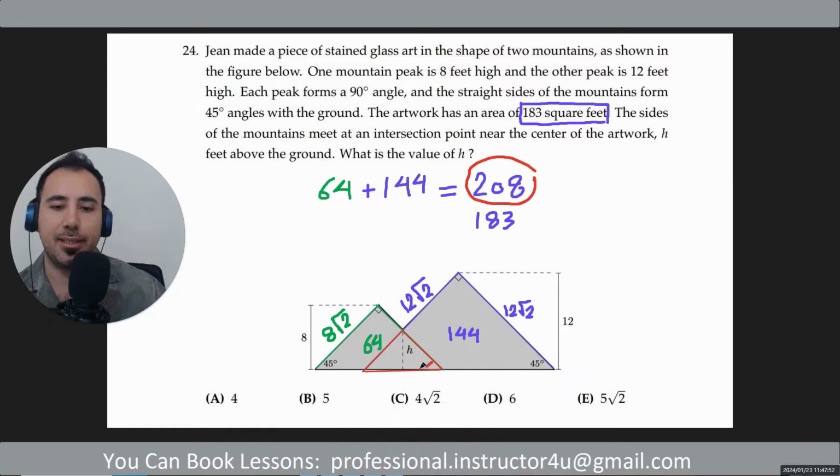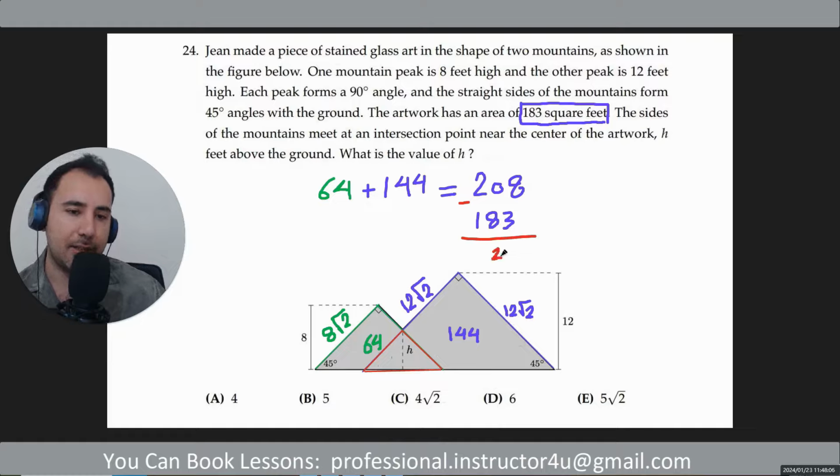So how do we find this area? It's very easy. If we subtract these two, we're going to get this. So what is 208 minus 183? It's going to be 25. So the red area here is 25, and we want H. Okay, that's very good.